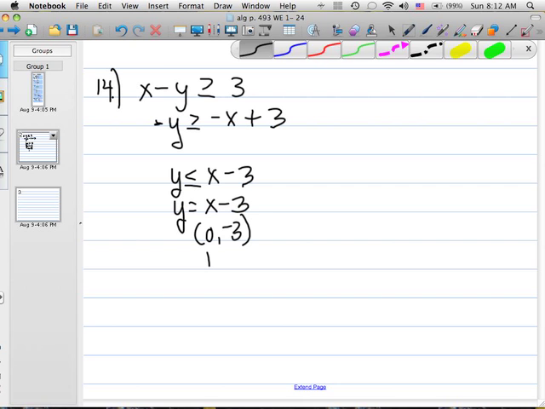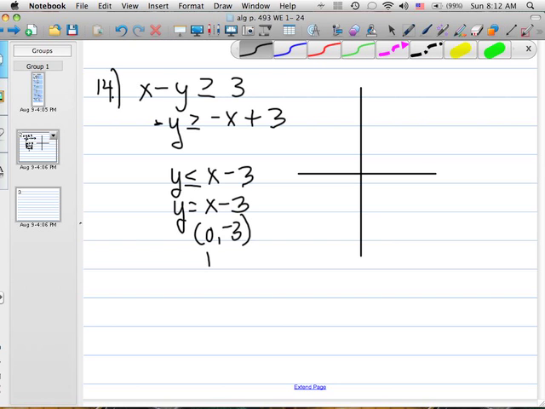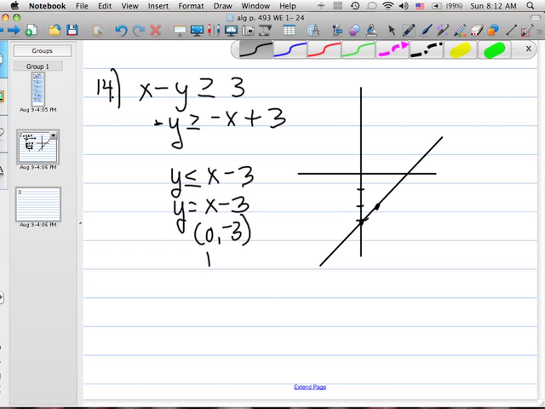So graphing, draw a coordinate plane. We plot the point 0, -3. The slope is 1, so we go up 1, right 1. And it's less than or equal to, so it's a solid line. And this is the inequality we want here.